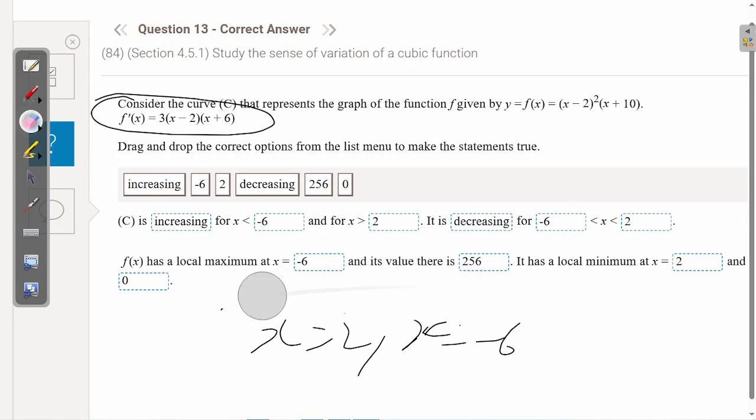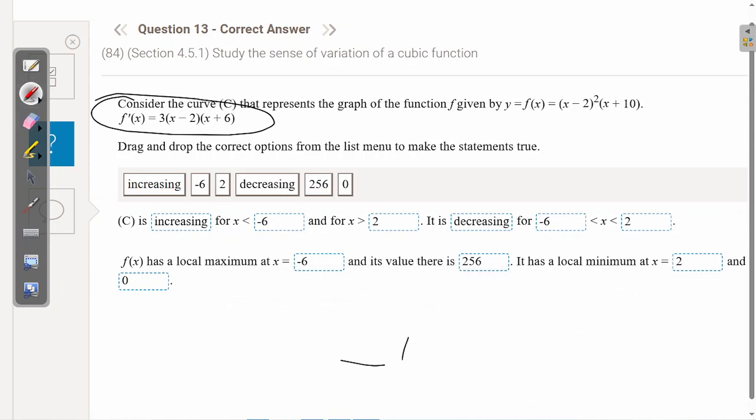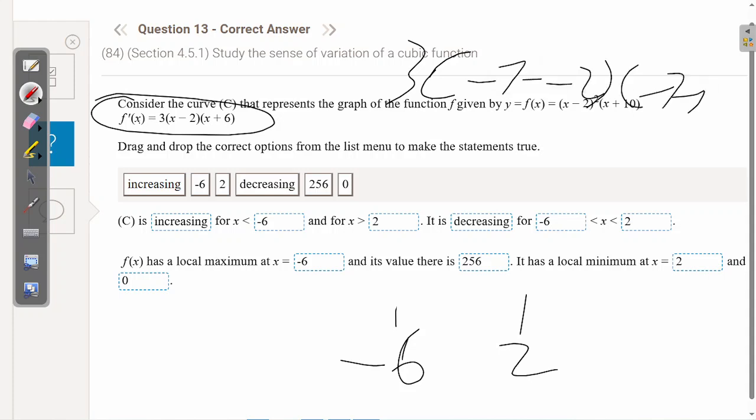So what I like to do is I make a number line like this, negative 6, 2, and then you substitute a value in f prime of x before negative 6 and after. So it's like the table of variation. So for example 3, negative 7 minus 2, 7 plus 6. On the calculator, what will this give?